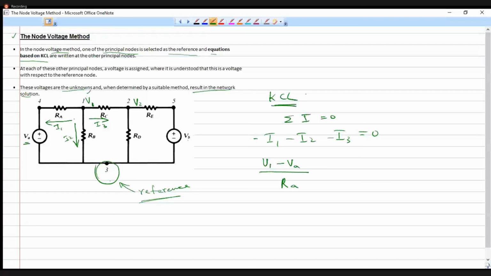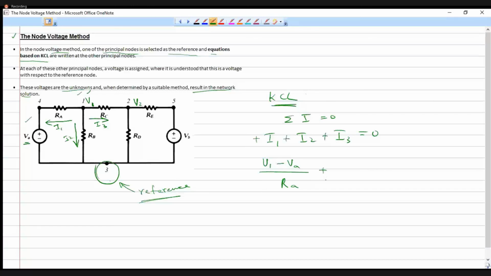The current that is leaving this node is the higher potential minus the lower potential divided by the resistance coming in between these two voltages. That is how I wrote V1 minus VA divided by RA. Plus the current I2 that is going to leave node 1.